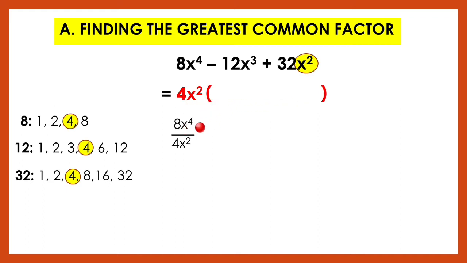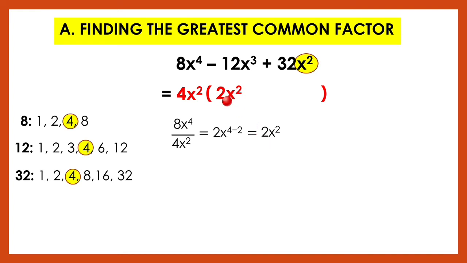So, 8 divided by 4 is 2. And then, yung variable, pag ma-minusin natin yung exponent nila, 4 minus 2. So, we have 2x raised to 2 or x squared. So, 4 minus 2 is 2. So, ito yung ating quotient para sa unang term.